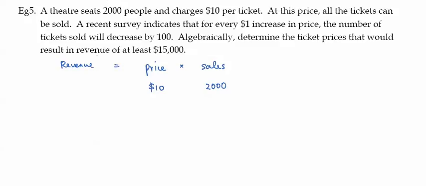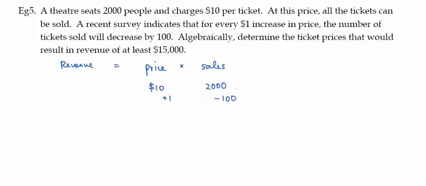A recent survey indicates that for every $1 increase in price, the number of tickets sold would decrease by 100. The higher the price, the fewer the people that will go watch a movie in the theater.